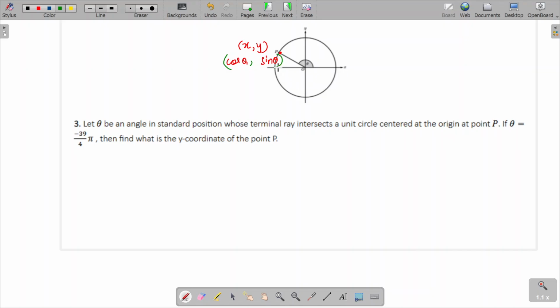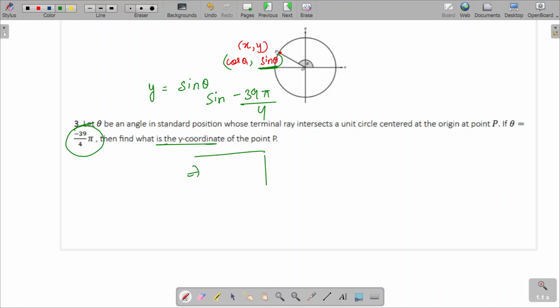Now you only need to find the y coordinate. So the y coordinate is sin theta. Can I say y equals sin theta? Theta is already given. It is negative 39 pi over 4.